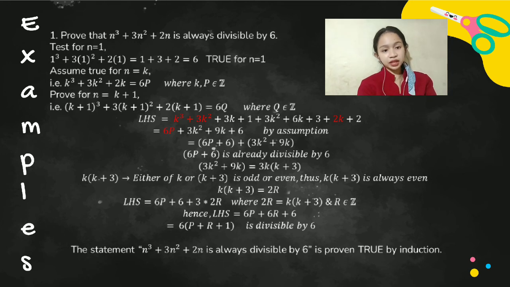So, simplify lang mo siya. It is equal to 6p plus 3k squared plus 9k plus 6.